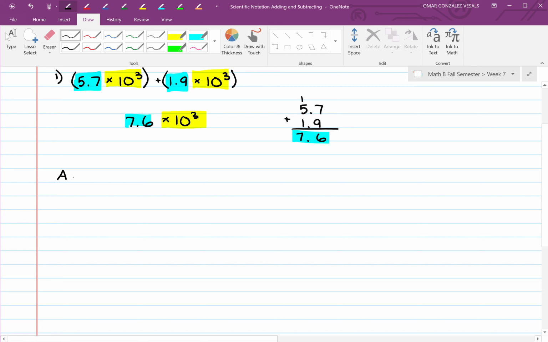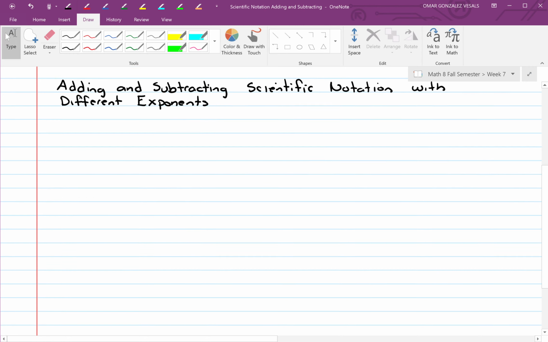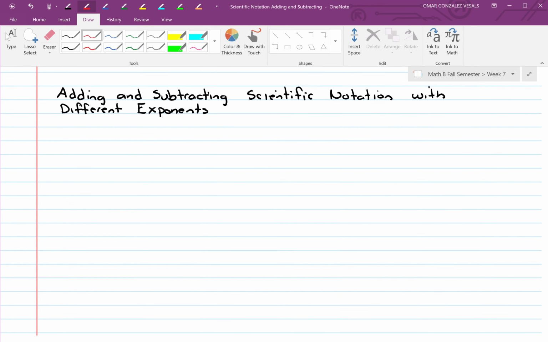What we're going to be doing today is adding and subtracting scientific notation with different exponents. So the first thing I'm going to write right here is a rule that you guys have to follow.